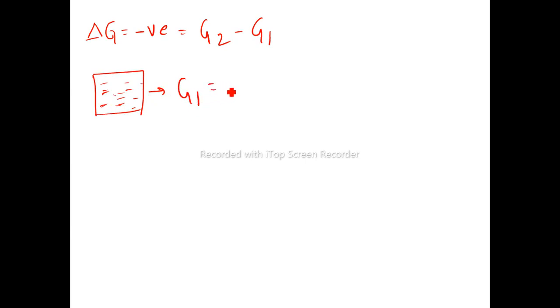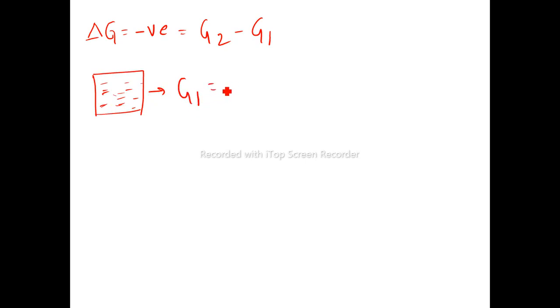So what do we mean by this delta G? There is a change in the free energy, that is G2 minus G1. If we consider the molten liquid initially, it has a Gibbs free energy of G1.